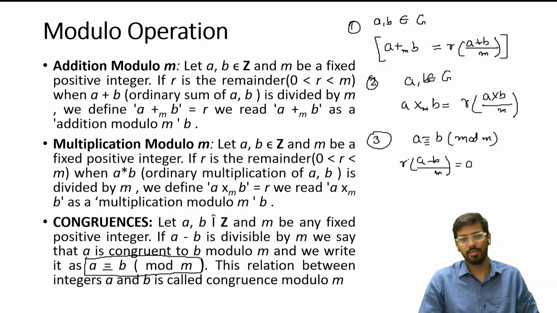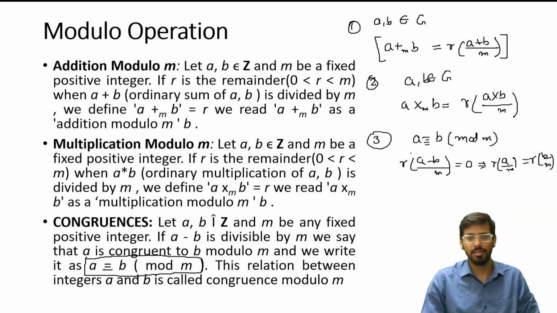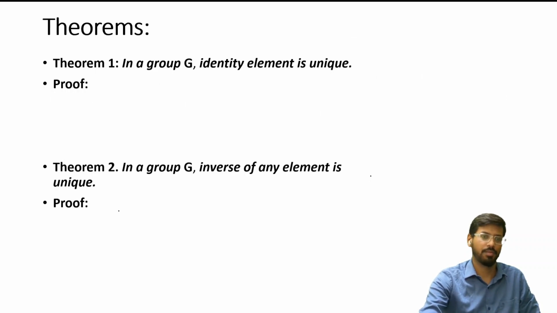Okay, means we can say the remainder of A by n should be equal to the remainder of B by n. Then we will call it A congruent B modulo n.